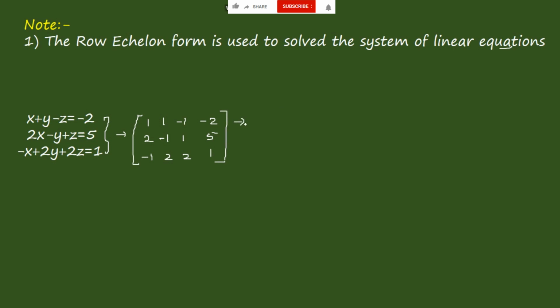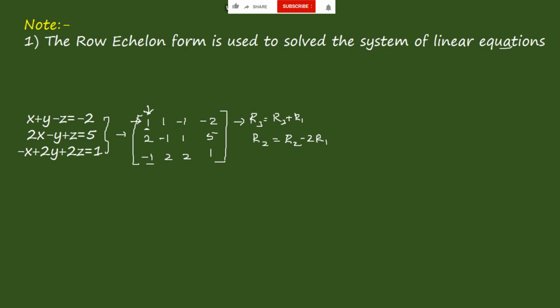So the operation we do is R3, row 3, when you add it with row 1, such that it becomes 0. And the other one is row 2 equals row 2 minus 2 times row 1. Such that the leading one is 1 here, and the column below it should be 0.